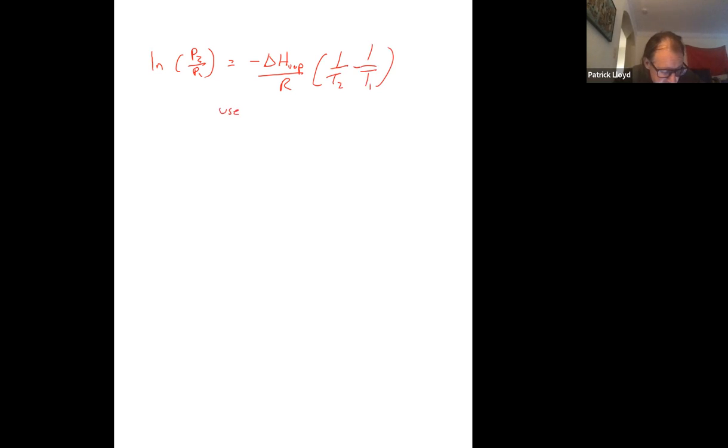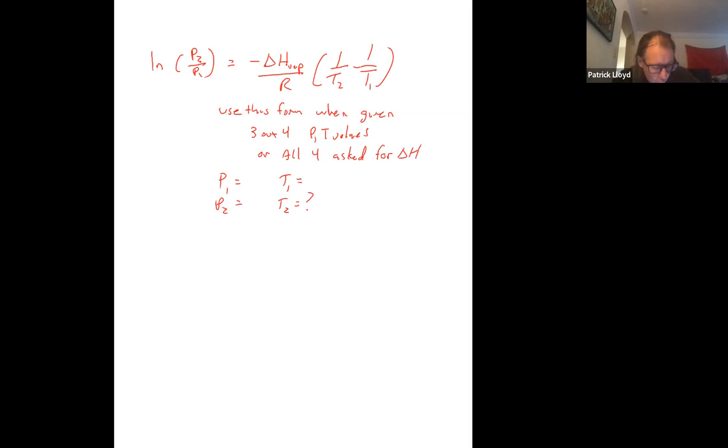You use this form when you're given 3 out of the 4 PT values, or all 4 and asked for delta H. So for example, they'll say P1 equals, P2 equals, T1 equals, and then ask you for T2.